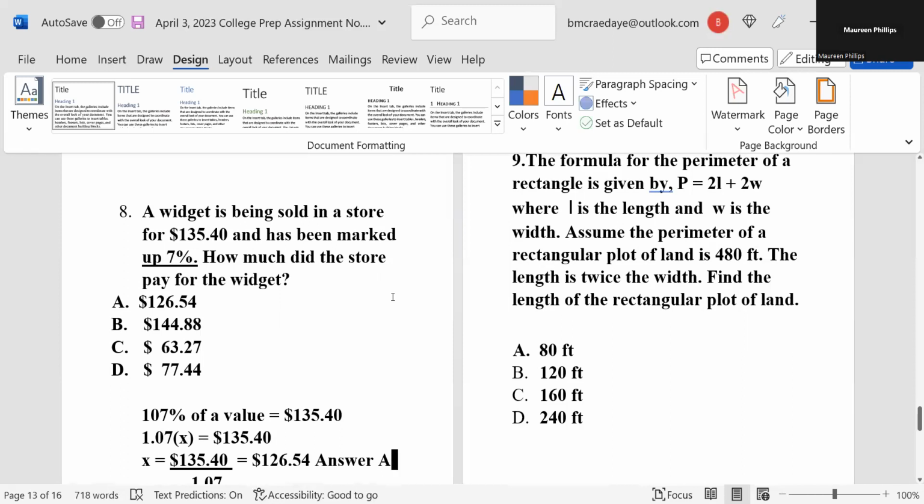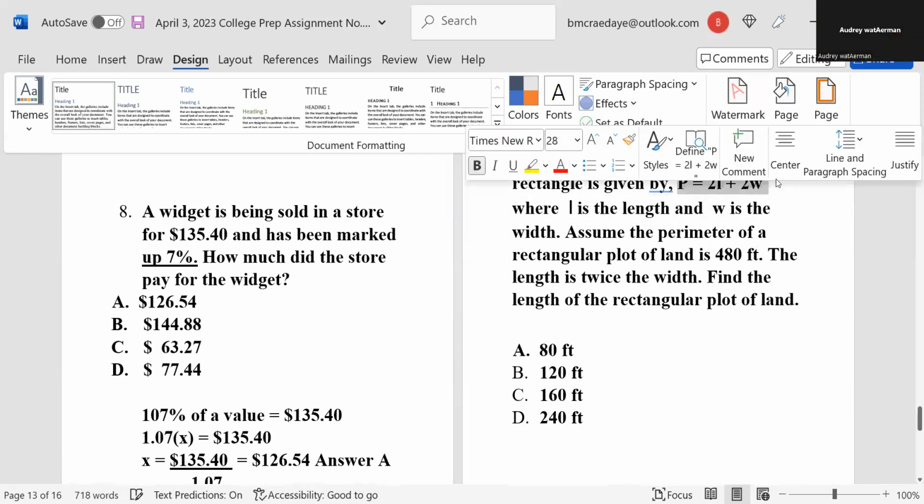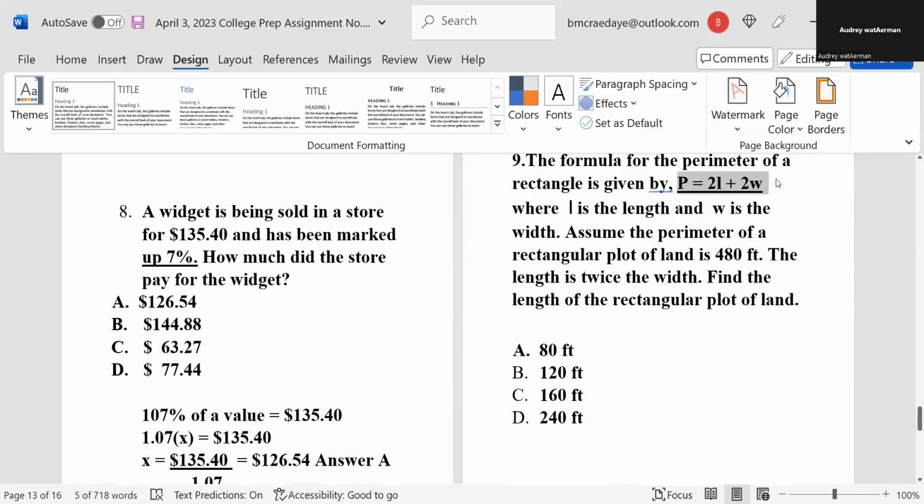The length is twice the width. Find the length of the rectangular plot of land. So Maureen, there's your perimeter. You'll need that, right? The perimeter is 480 feet.